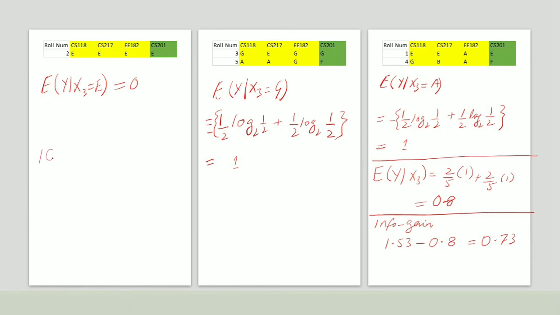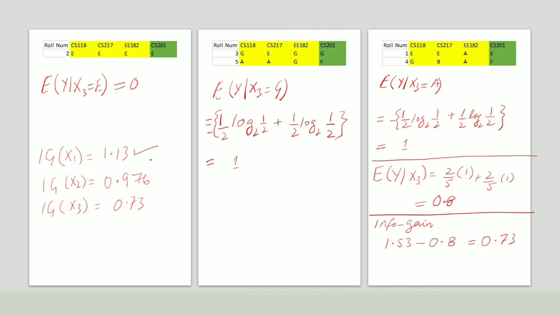The information gain that we found for the column X1, that is CS118, was 1.13, whereas the information gain from the second column was 0.976, and then the information gain from this X3 column is 0.73.